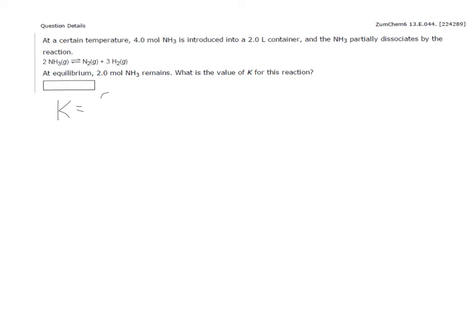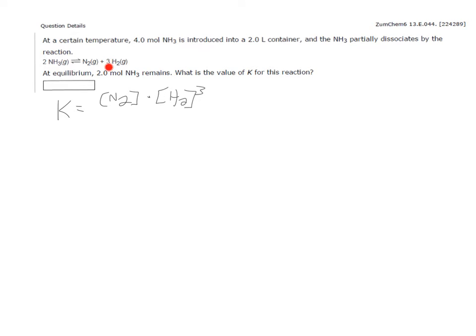Let's start by writing the concentrations of the products and raising them to the powers of their coefficients. So what I mean by that is there's an implied coefficient of 1 for N2 and therefore an implied exponent of 1 for N2 in the equilibrium expression.